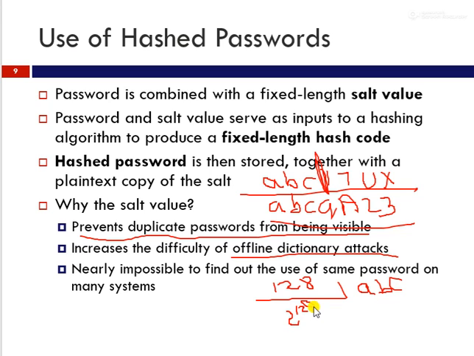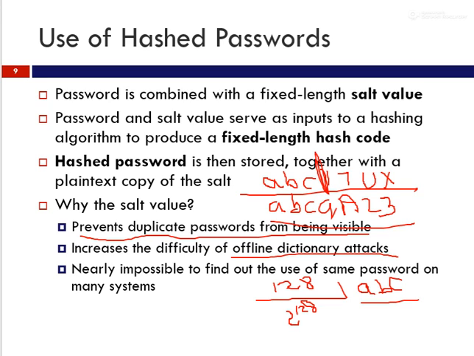If we are not using salt, then the attacker just has to create one hash code, but if we are using salt, then based on the length of the salt, the difficulty of dictionary attack will also increase tremendously. Even for one word from the dictionary, it has to generate all possible hash values and check them. So it increases the difficulty of offline dictionary attack, and it is nearly impossible to find out the use of the same password on many systems.